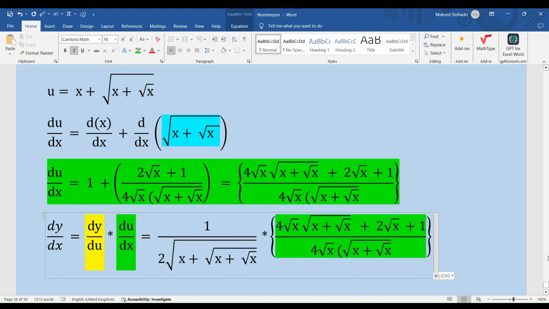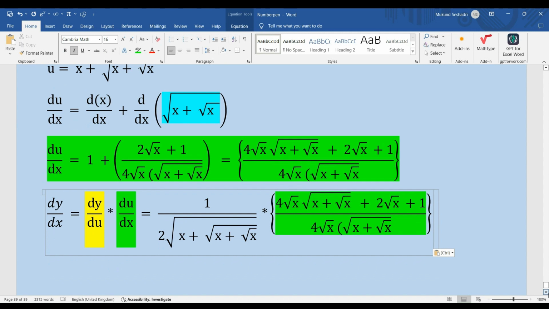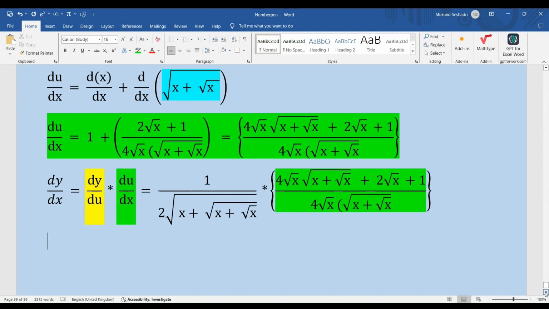Now I have an expression which is more or less my final answer, and I'm just taking a glance at it to see if I can do any further cancellation or any simplification. Looks like other than multiplying the 2 and the 4 in the denominator, we cannot do much, right? So we will have to write it as it is, and I go down to the next step, which is my final step in the answer, and I write my dy by dx.